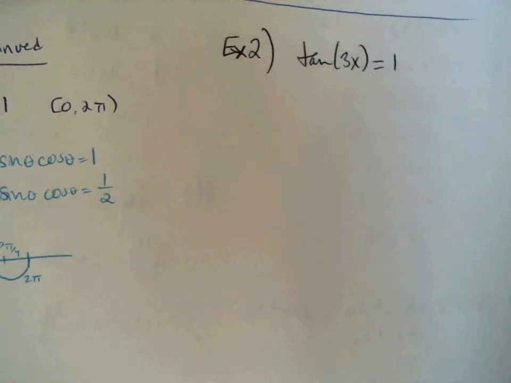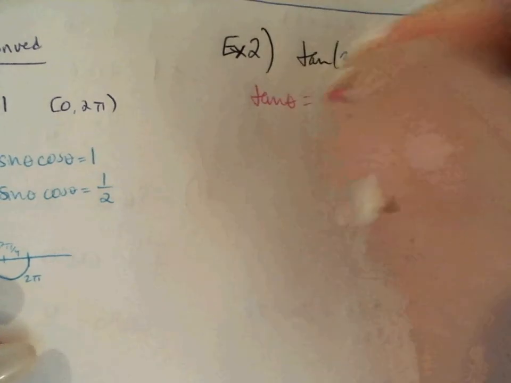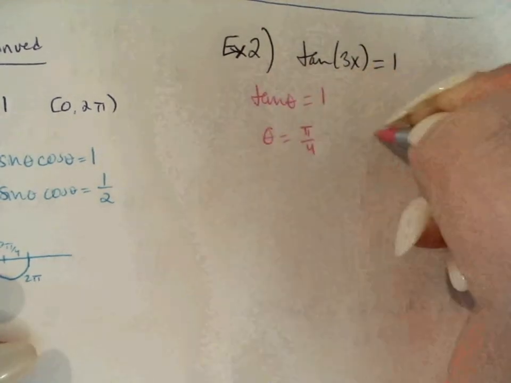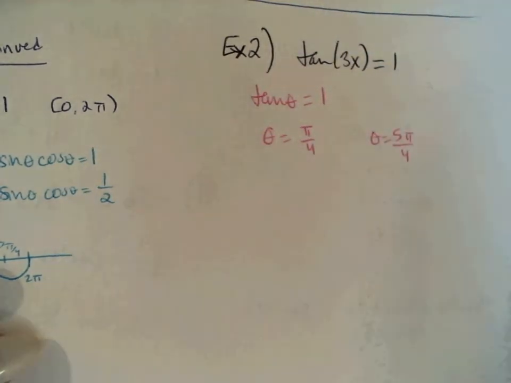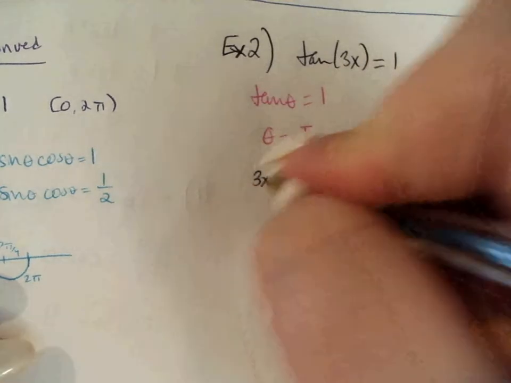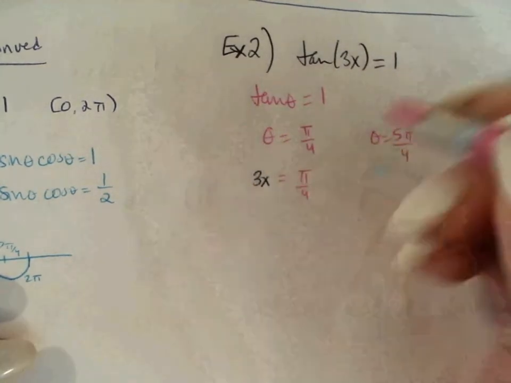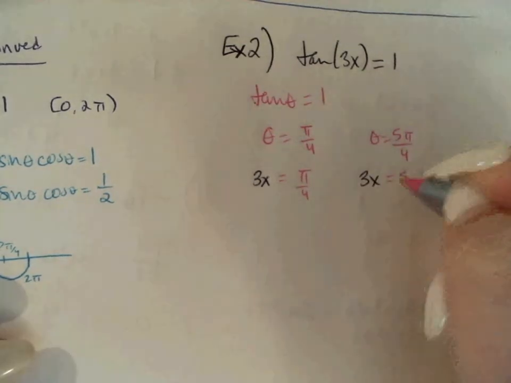Or we could just go with pi over 4 and then keep adding rotations, but I think we'll go with both. So tangent of theta equals 1 when theta equals pi over 4 and when theta equals 5 pi over 4. But theta is 3x. So when 3x equals pi over 4 and when 3x equals 5 pi over 4.